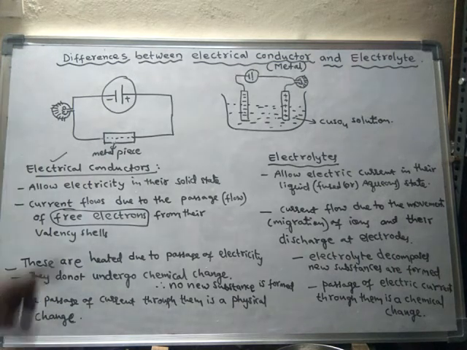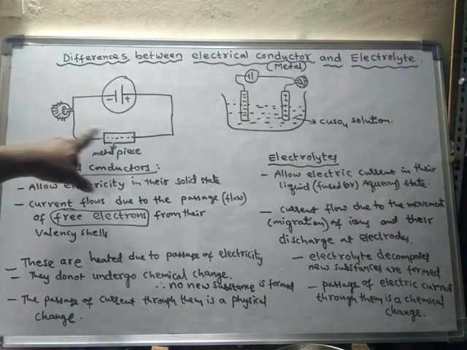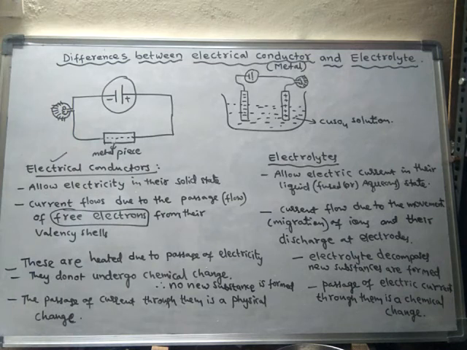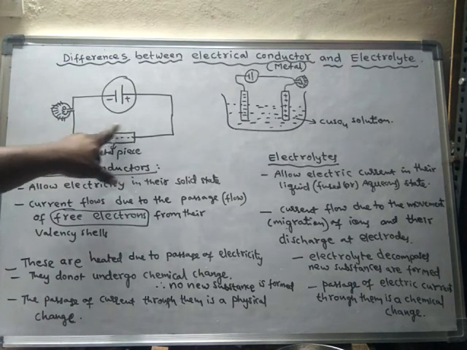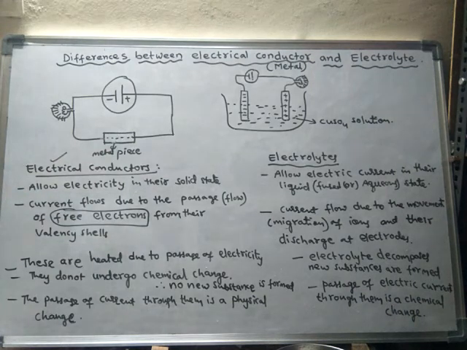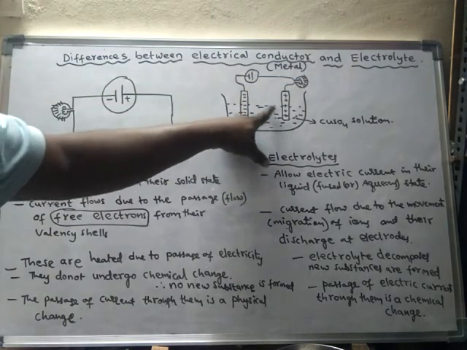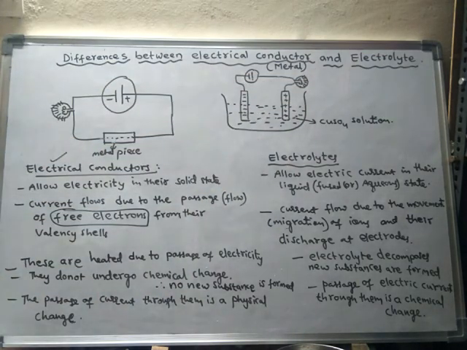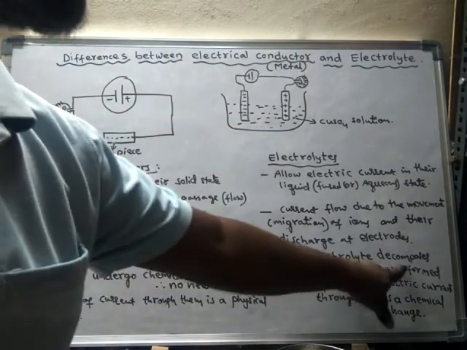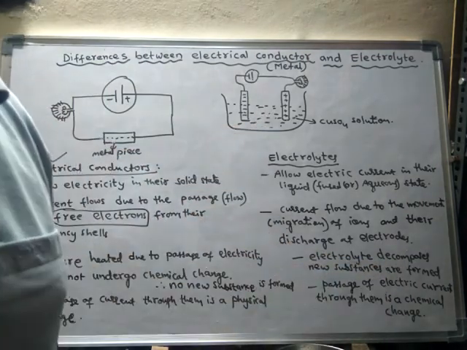And one more thing, when electricity is passed through the metal piece or else graphite, it does not undergo any chemical change. No new substance is formed. But when electricity is passed through the electrolyte, what happens? This electrolyte will decompose and produce a new substance.